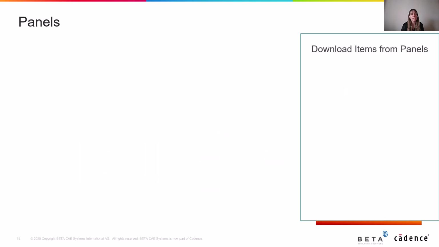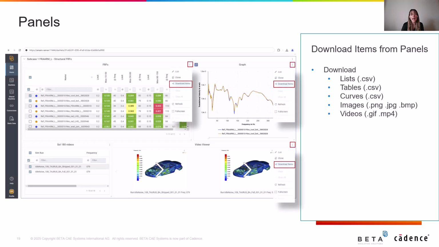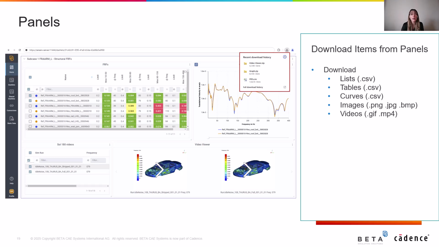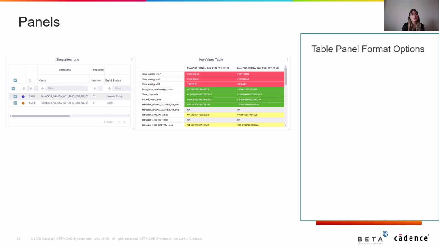Continuing with the panel properties, it is now possible to download items from panels such as lists, tables, curves, and media. In case of lists and tables, data are downloaded in CSV format. In the table panel properties, several new formatting options are offered.